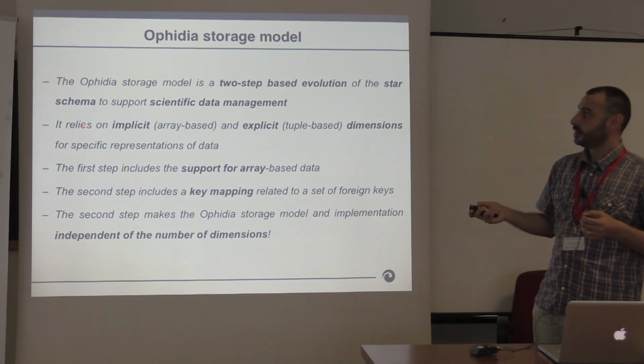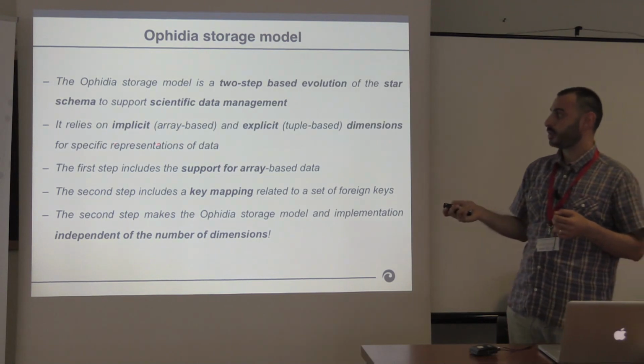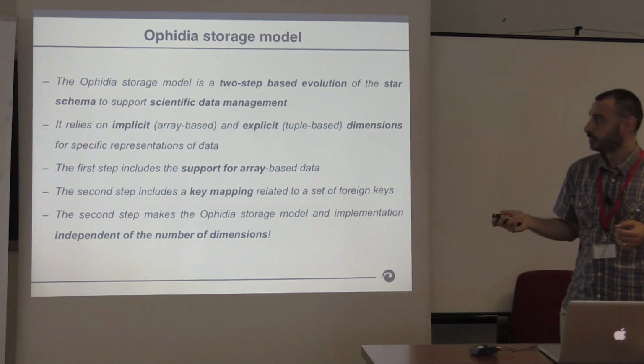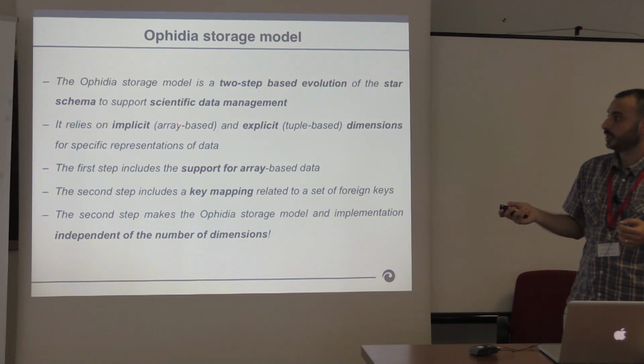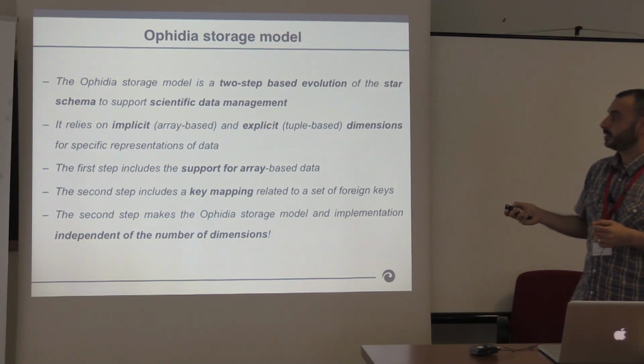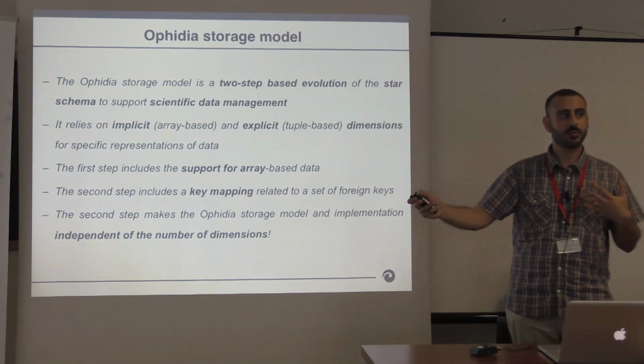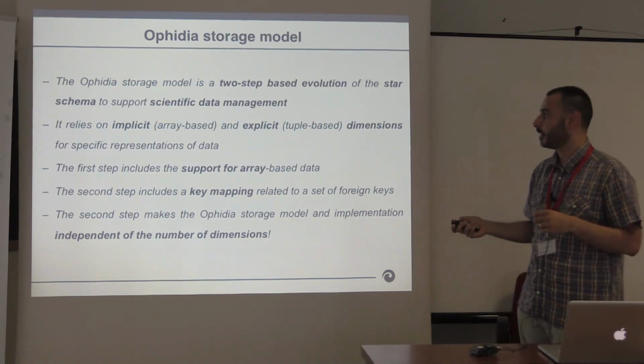It relies on implicit and explicit dimensions for a specific representation of data. The implicit dimension identifies the arrays. The explicit dimension identifies the tuples, the rows inside our tables.